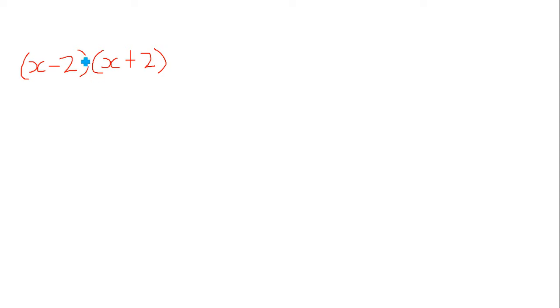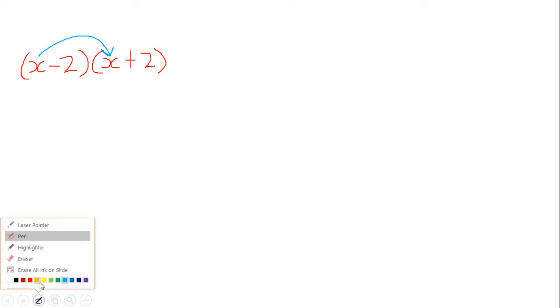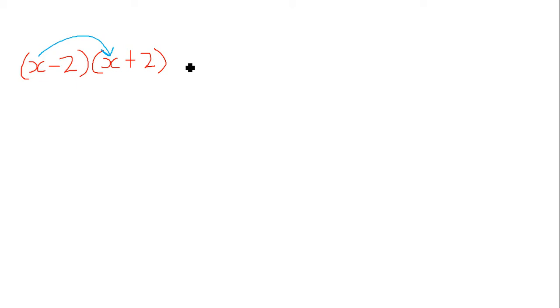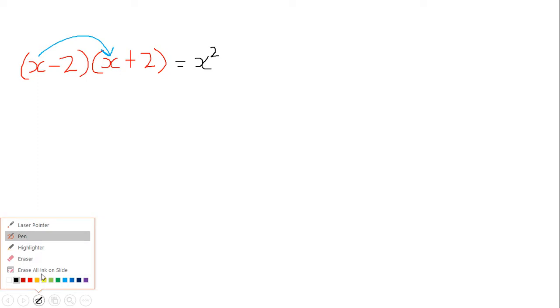Okay. So the idea is that you multiply this term with that term. So we say x times x, which is going to be equal to, what is x times x? X squared. All right, good. I'm familiar with it. I just didn't know it was the FOIL method.